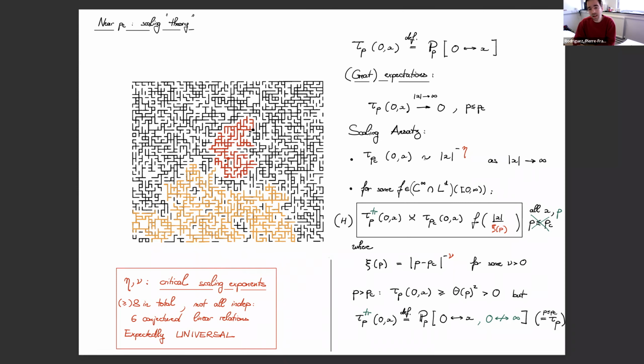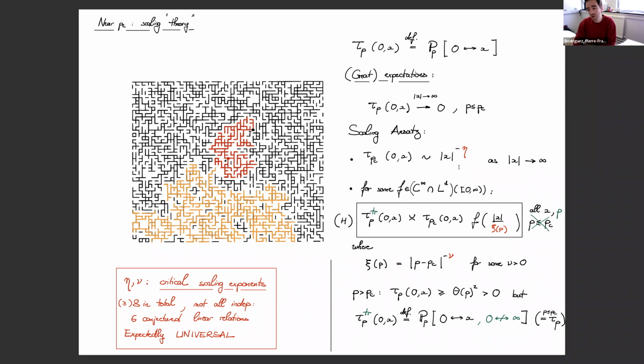Okay. So these two exponents governing the correlation lengths and the scaling behavior of this 2-point function at criticality are just two among a series of 8 or more, depending how you count, so-called critical exponents. They're in fact not all independent. If you stick to these 8 that I have in mind, I won't define them all for you here, but the scaling theory will tell you that there are 6 conjectured so-called scaling relations between them, which are just linear equations relating these exponents.